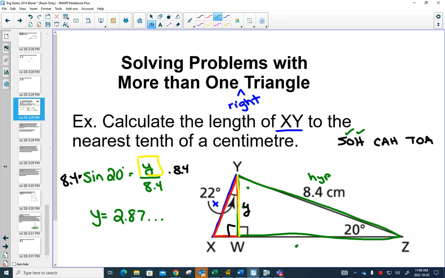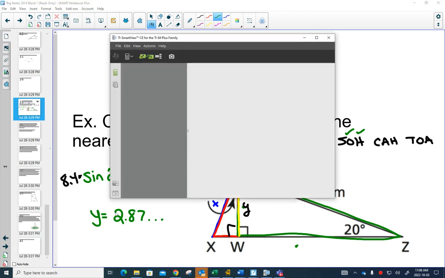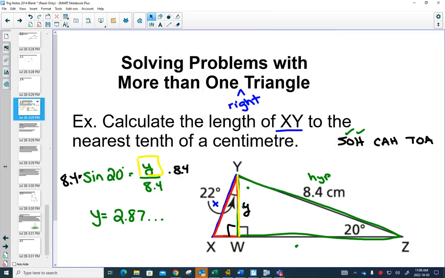I'm just putting those dot, dot, dots because I don't want to round until the very end. Okay. Now that I have that, now I can go to my red triangle. 2.87. Did I say something different when I said it? No?